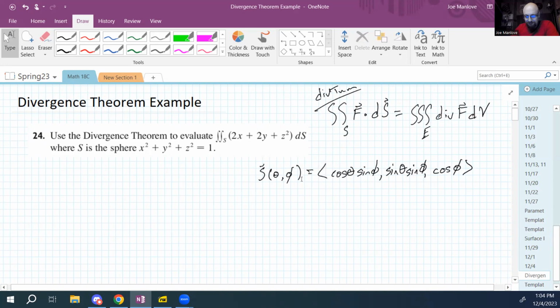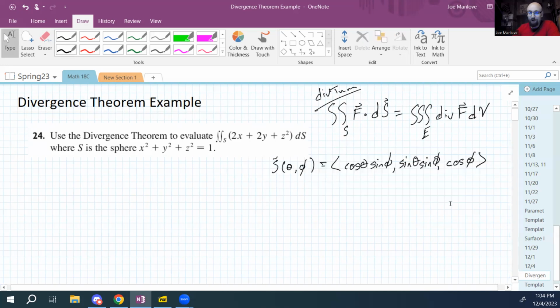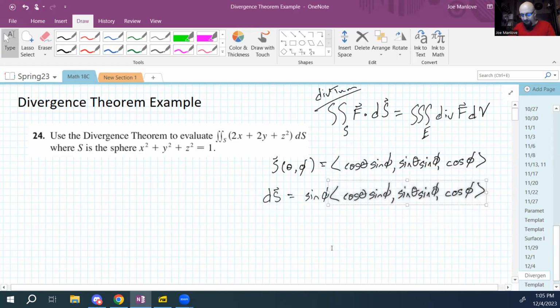And then I've done some of these problems pretty recently, so I think that I can probably remember what dS ought to be. So I think that I calculated dS as a sine phi and then this stuff, and then a d theta d phi here at the end.